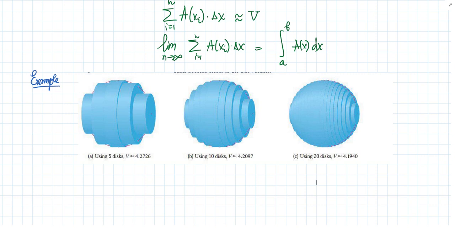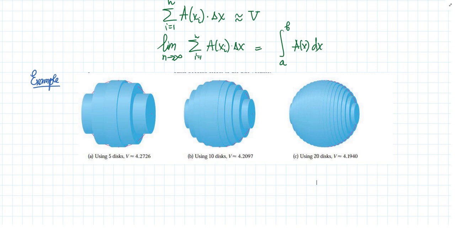Let's assume you're given an apple. In order to find the volume of the apple, you will cut it, for example, into 5 discs. By finding the volume of each of the discs and summing them, you can roughly find the volume of the apple. And obviously, you will see from this result that if I take more pieces, the volume becomes very similar to the theoretical result.